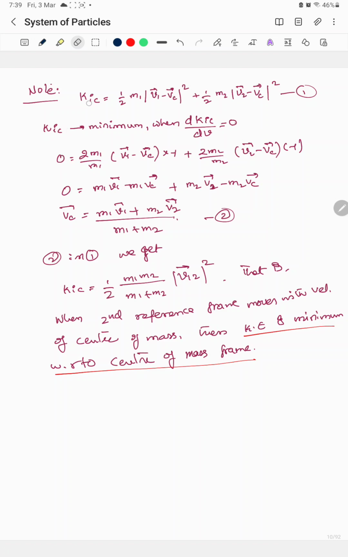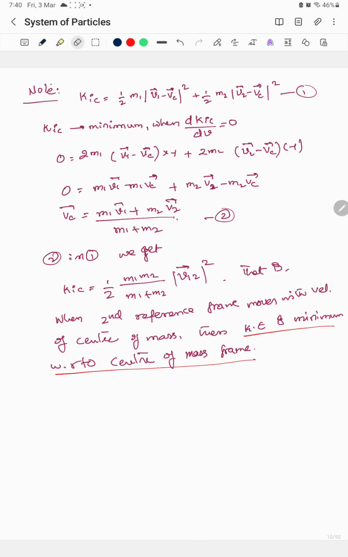Differentiating, half M1 into square, here 2 into (V1 minus Vc) into differentiation of this, minus 1, plus 2 M2 into (V2 minus Vc) into minus 1.